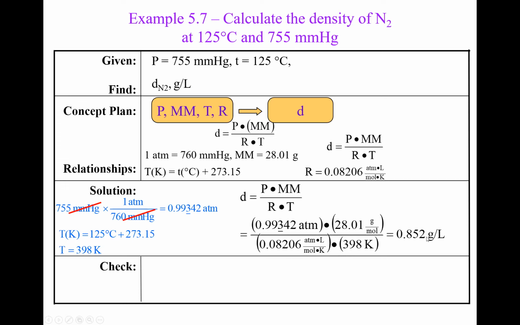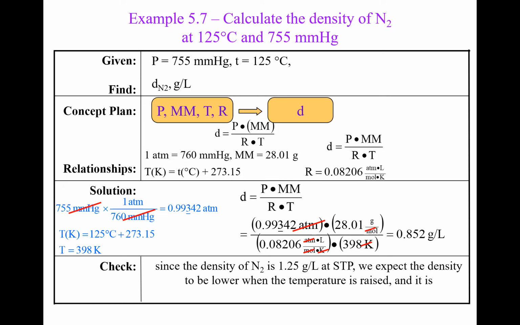And so these densities are known for different temperatures, but they're usually reported for more common temperatures like room temperature, STP. The density of N2 is 1.25 grams per liter at STP. And this is lower, which it should be. It's hotter, right? And this is the way a hot air balloon works.